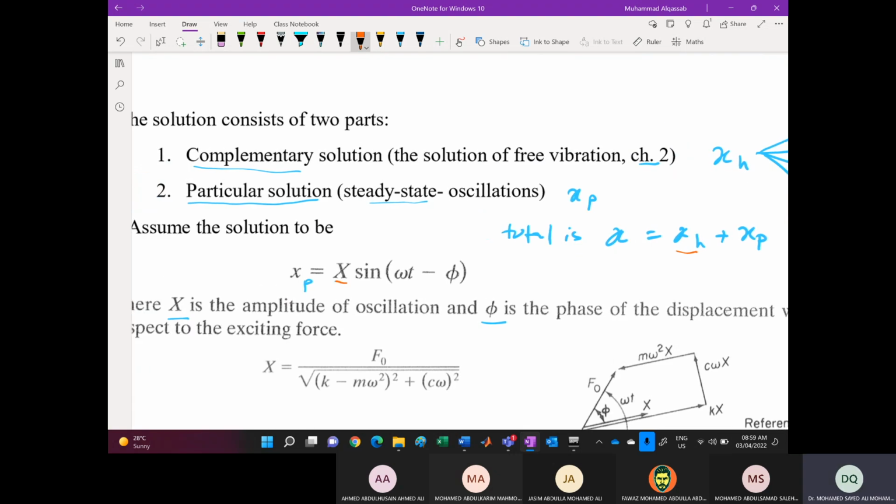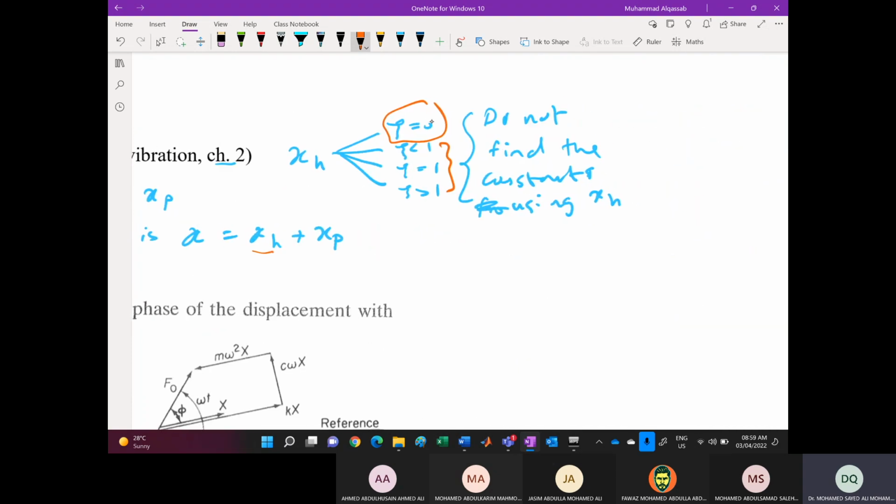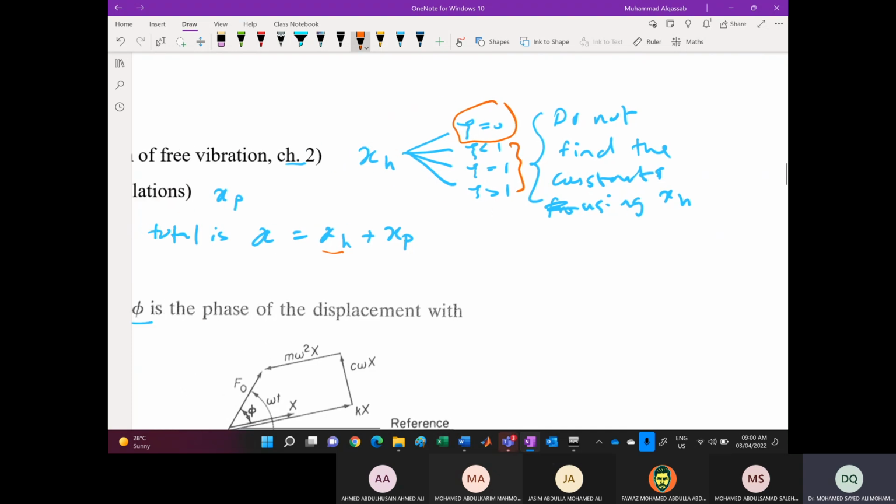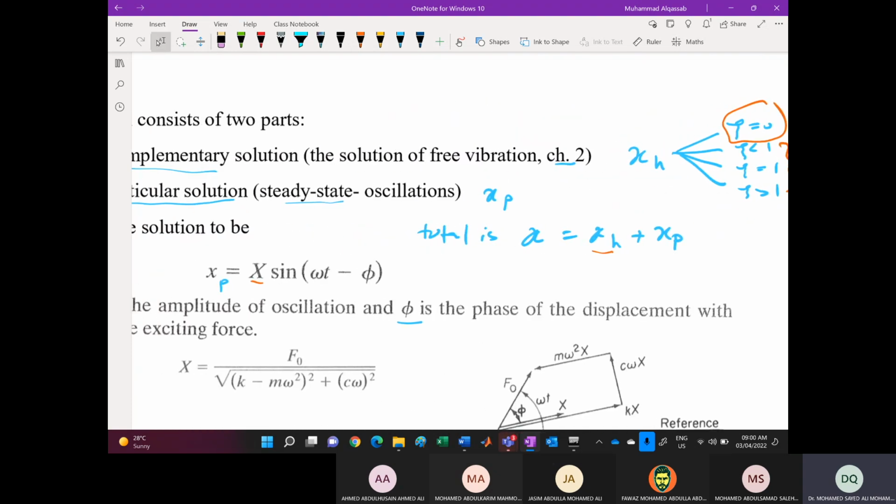So that is the measure of the amplitude. And of course, in practical applications, there is no zeta equal to 0. There is always damping. So this homogeneous solution will diminish with time. After some time, it will not exist. And the only solution that will stay is the particular, which is sine omega t with phase. So this is why it is called steady state oscillations.